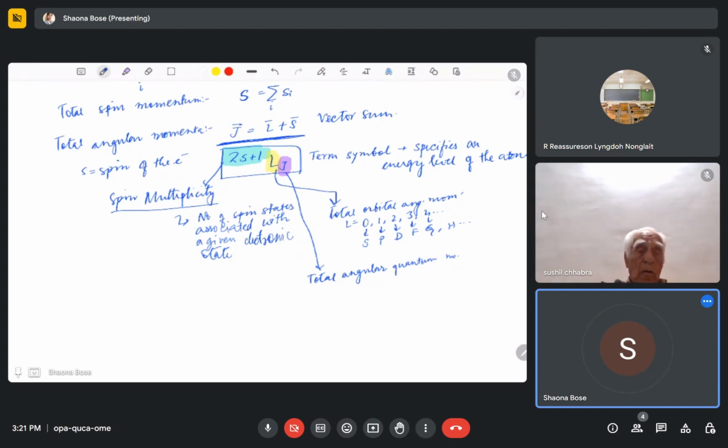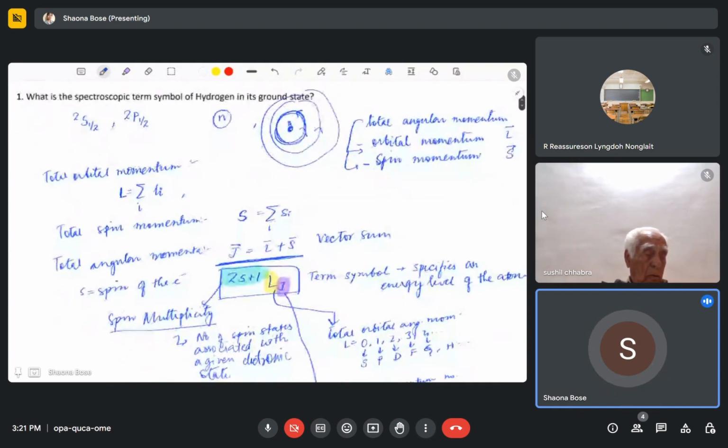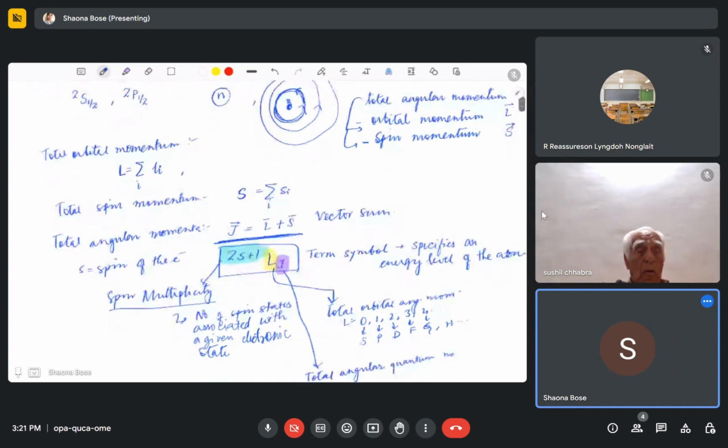So now what was our question? We want the term symbol of an electron in a hydrogen atom in its ground state, right?